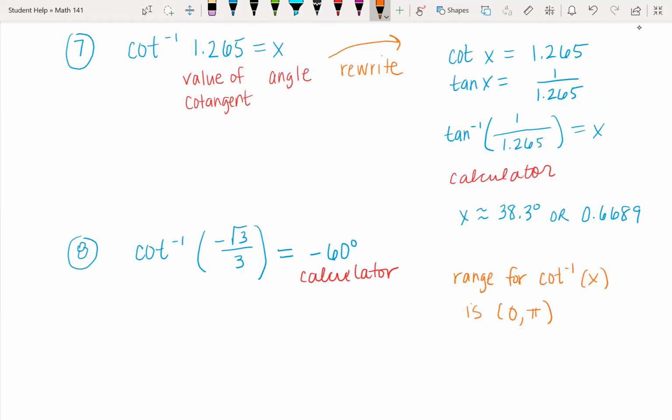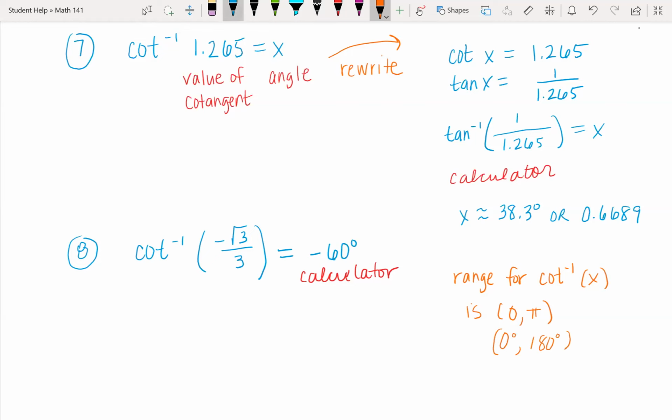For that reason, we have these smaller range values for all of the inverse functions. So we will only accept values between 0 and pi for this particular function. Negative 60 degrees is not in that range. This is between 0 degrees and 180 degrees, right?